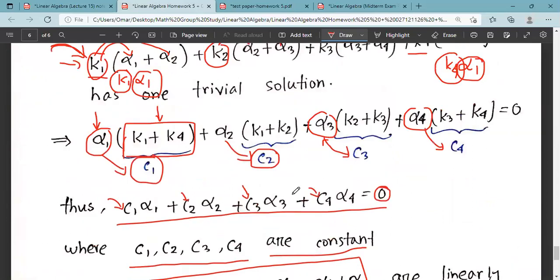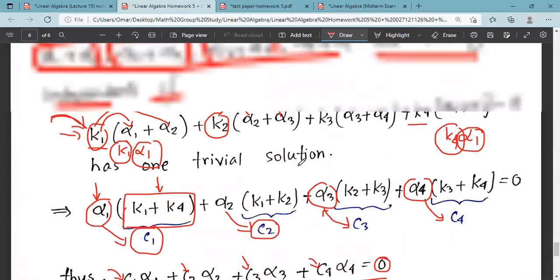Right. So guys, I think you can understand how we explain this part.